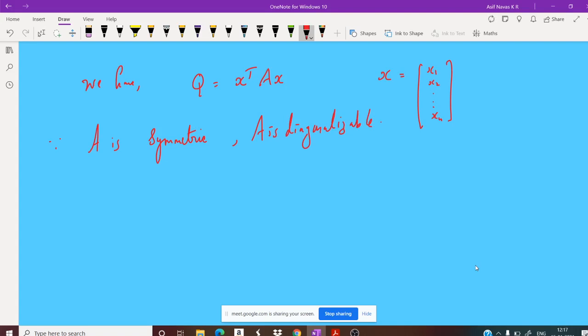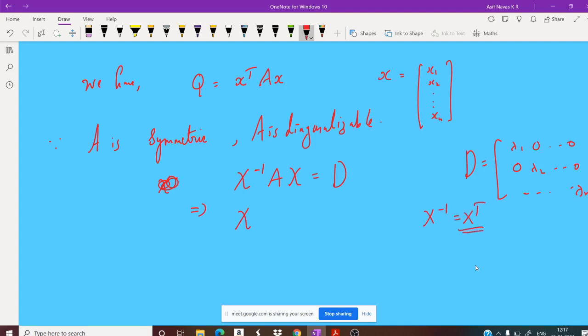Now, if A is diagonalizable, then we know that X inverse AX is equal to some diagonal matrix D, where D is lambda 1, lambda 2, etc., a diagonal matrix whose diagonal entries are eigenvalues of A. Which implies, we know that X inverse is equal to X transpose.